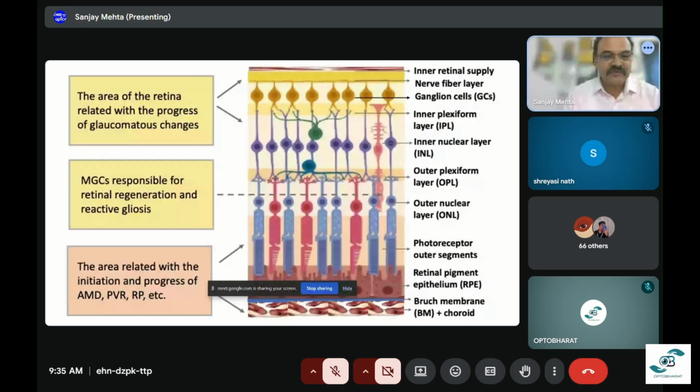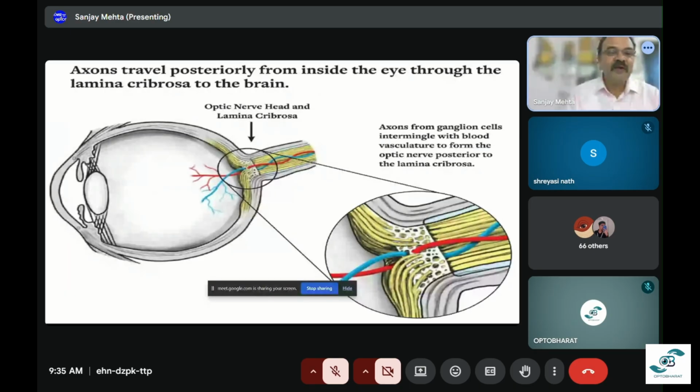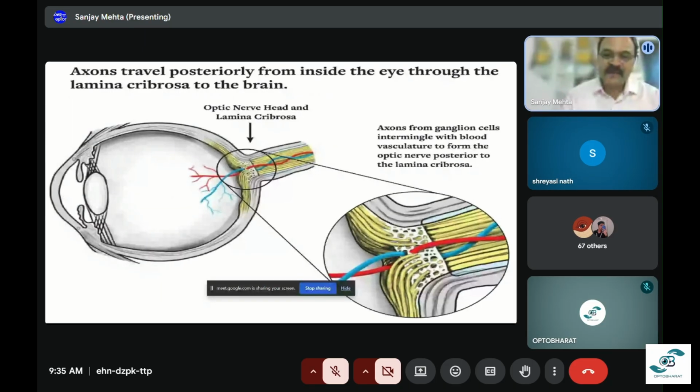Now, one more important part I would like you to see is the lamina cribrosa. It is made up of a small pipe with small holes. You can see it is a sort of mesh. Generally, in many places you will see a tin sheet with tiny holes.